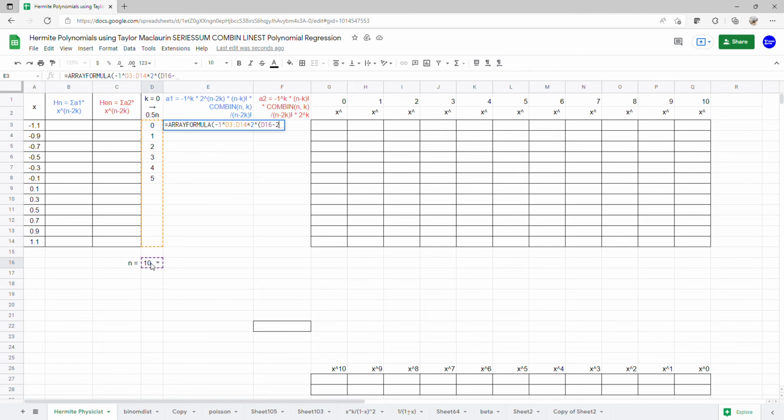Next, factorial n minus k. And finally, combine n comma k.